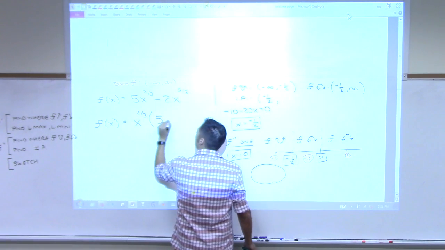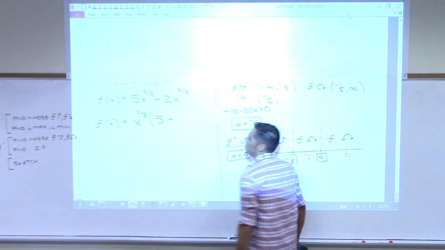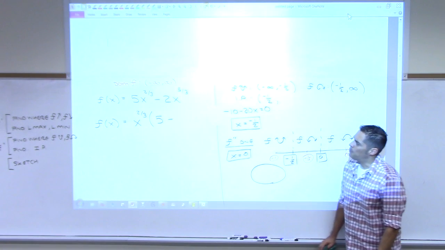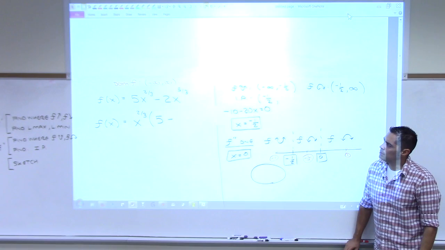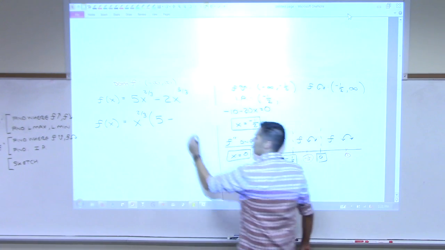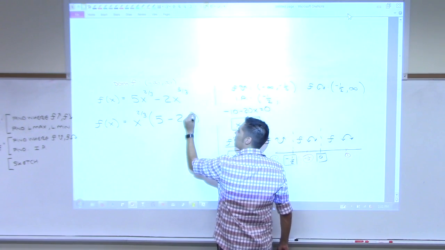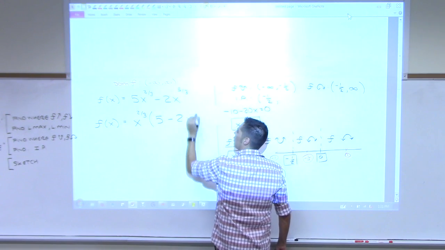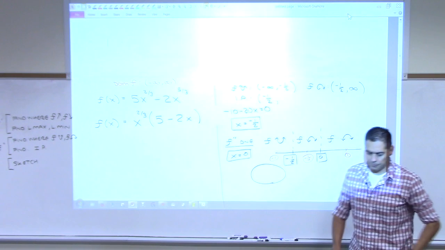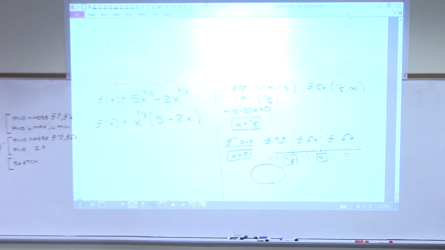And they rewrote it as 5 minus 2x, because this is x to the first power, and then you would add the exponents, and you would get 5/3. Did y'all see that? Oh, okay, I see, because that's 3 over 3. Yeah. Get used to that idea of what I just did, that 3 over 3 is 1. It happens a lot in this class, from here on out.